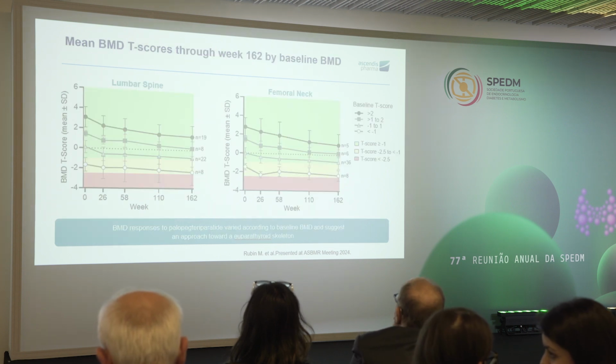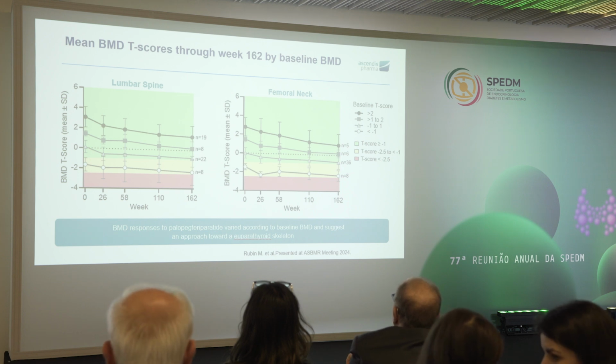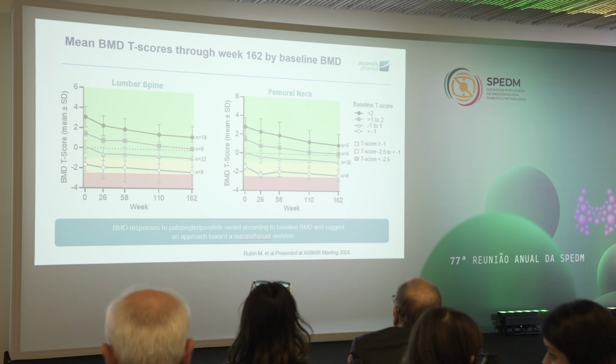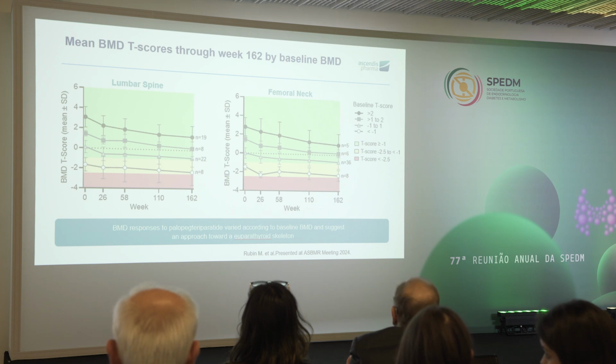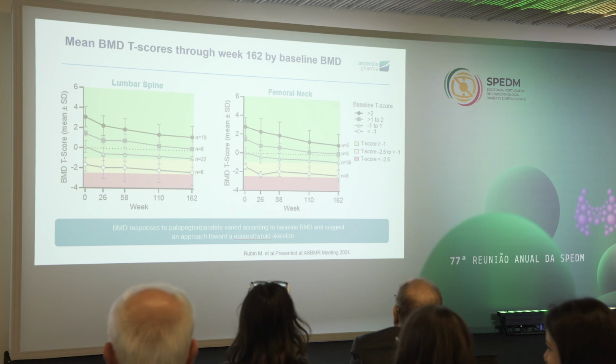Here you can appreciate that through the treatment we had declines, but the declines were very relevant to how the patients started, meaning that the patients that started with the highest T scores and Z scores were the ones that declined the most.